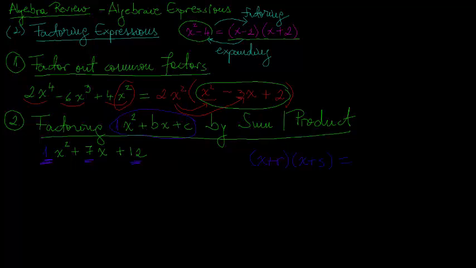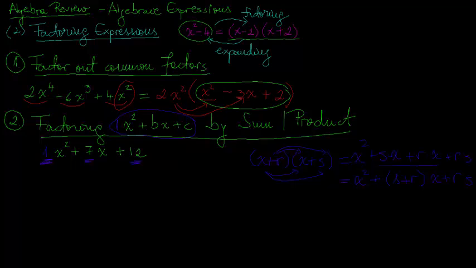If I multiply these parentheses out, using our usual technique, I will get x squared plus s times x, and then plus r times x, and then finally plus r times s. So I combine these two terms because they both have a factor of x. I will have (s plus r) multiplied with x, plus r times s.